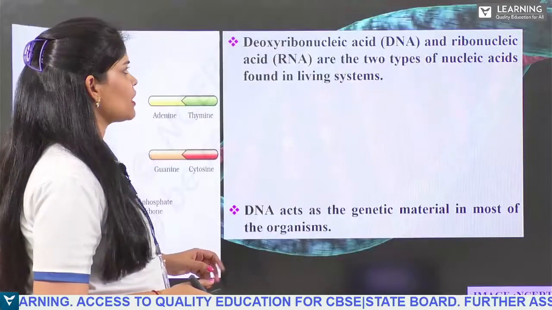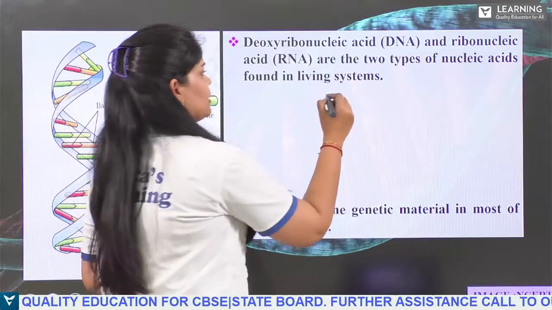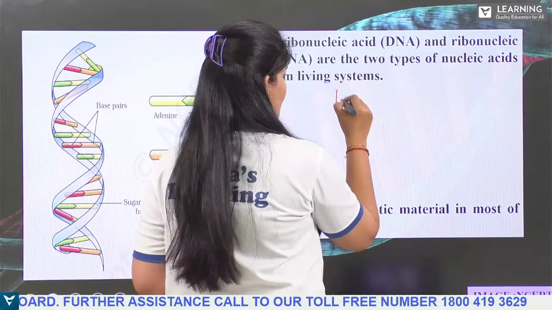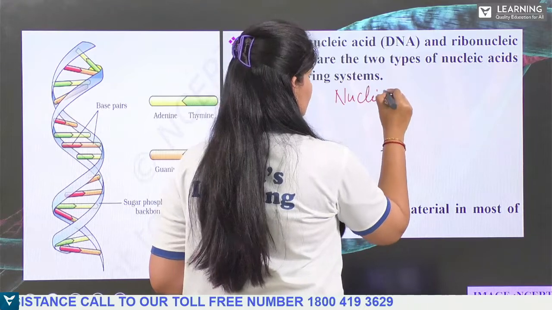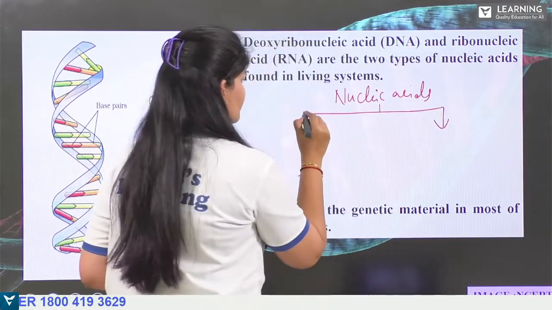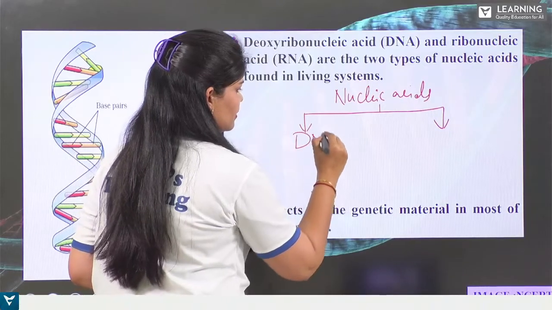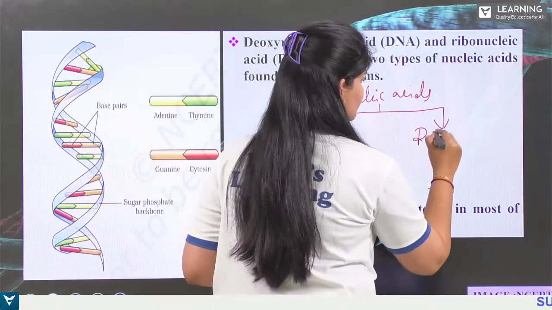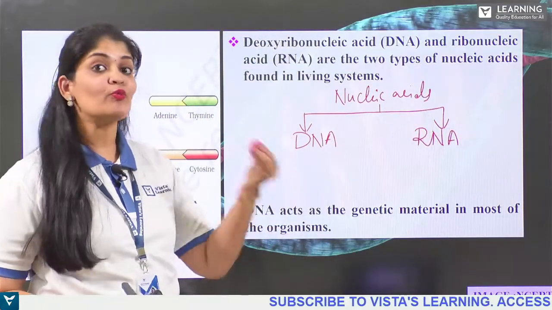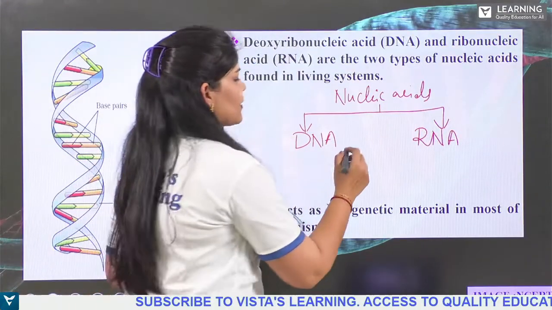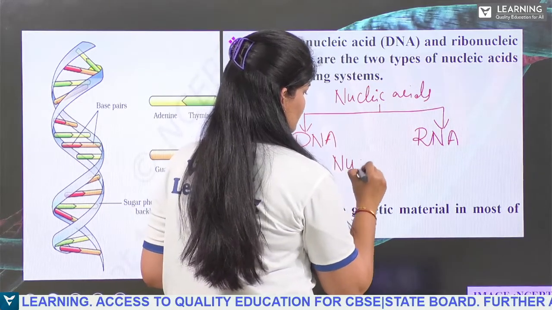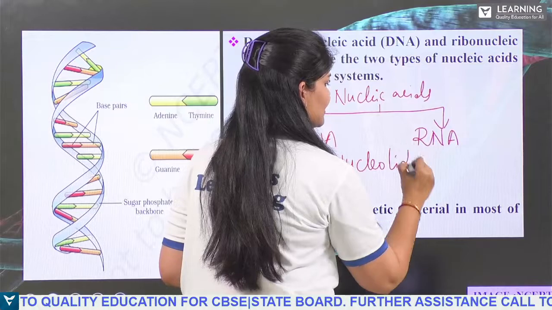Now, as we already said, nucleic acids are DNA and RNA. And these DNA and RNA are made up of monomeric units that are called nucleotides.